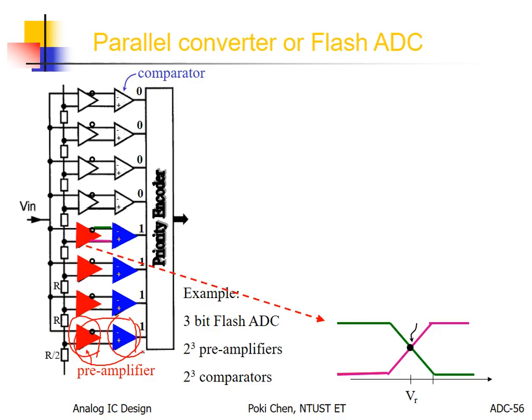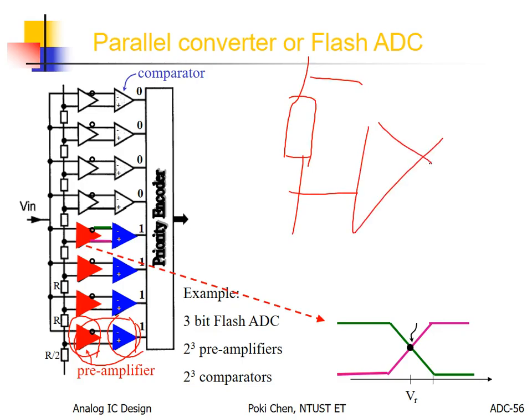In the past, we only compared two levels, positive or negative, and we had only one comparator, but that is in theory. For real implementation, this is a better way, to have not only a comparator, but also a preamplifier.